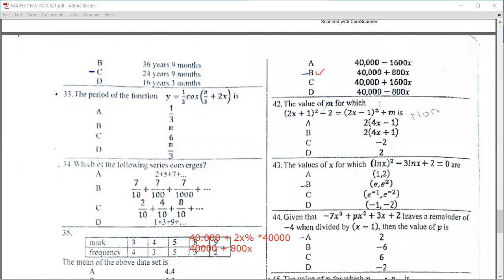Question 42: the value of m for which (2x squared plus 2x plus 1) all squared minus 2 equals (2x minus 1) all squared plus m is. If we expand both sides, let's forget about the terms that are going to cancel out.